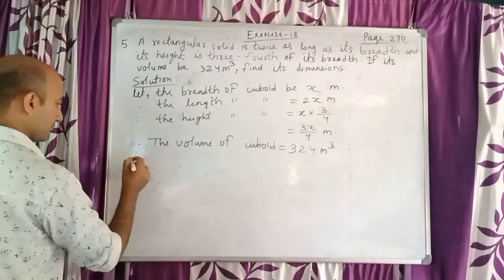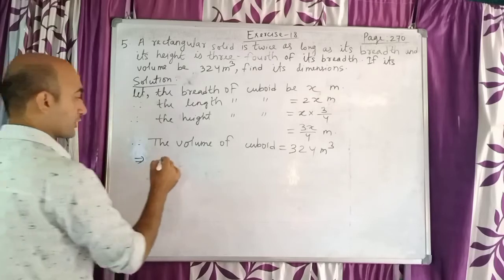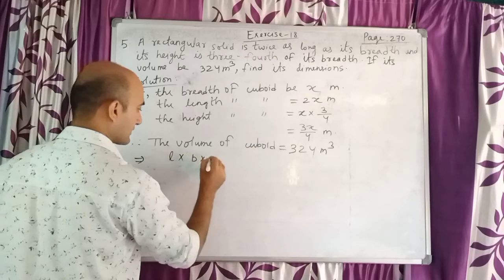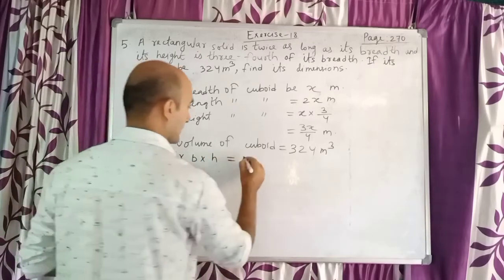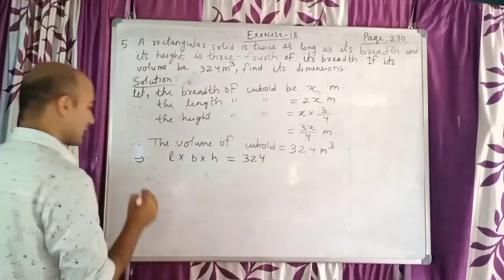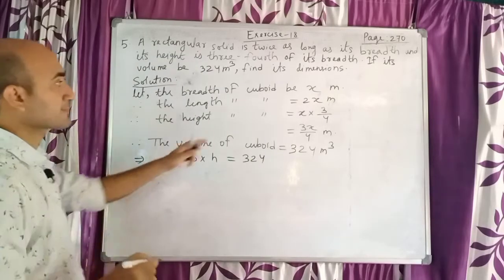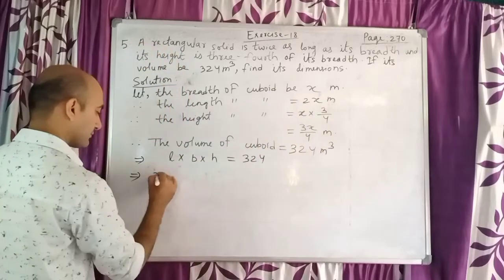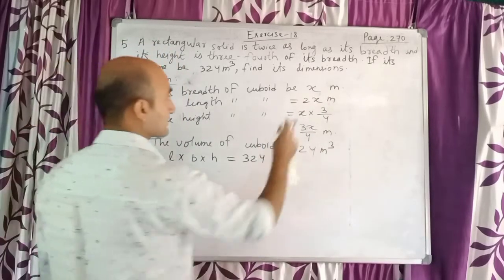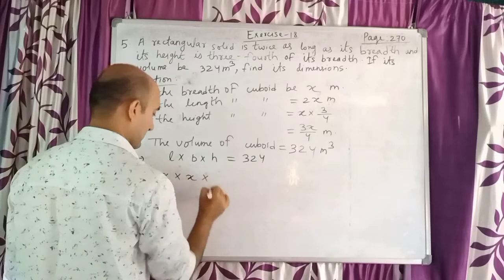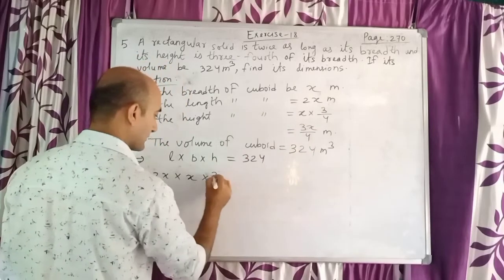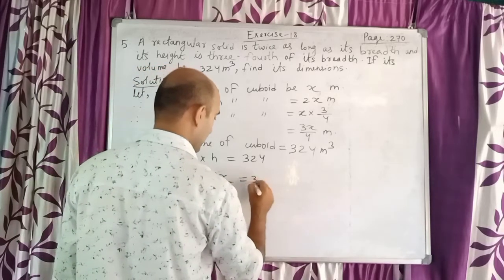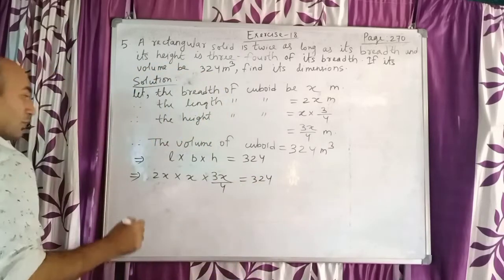Now we can apply the formula of volume of cuboid: length into breadth into height equal to 324. Let us put all the respective values. Length is 2x, breadth is x and height is 3x by 4, equal to 324.